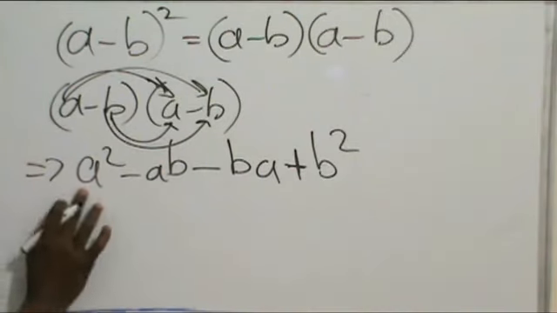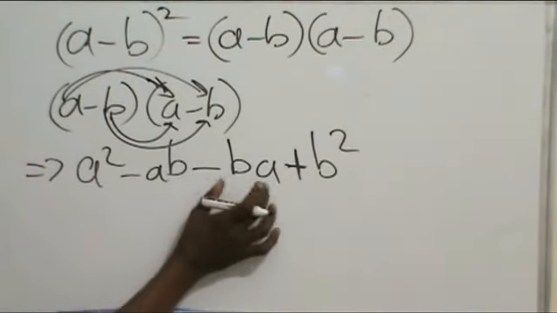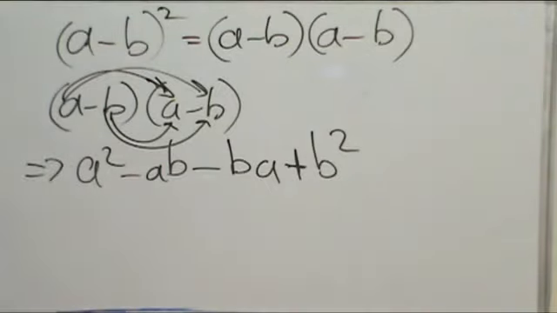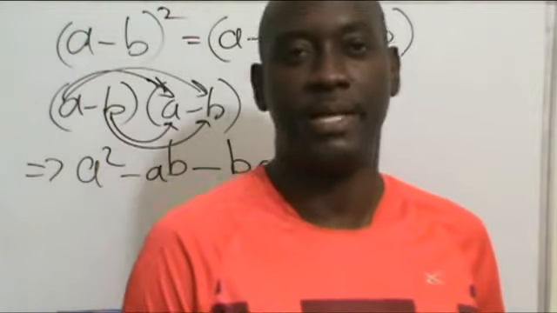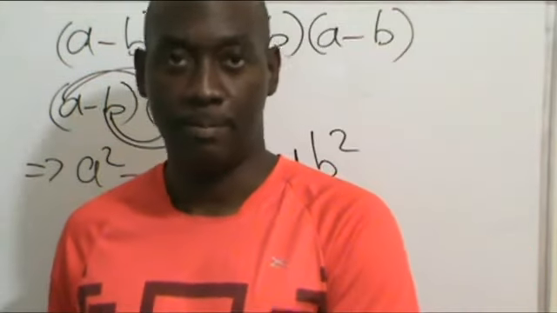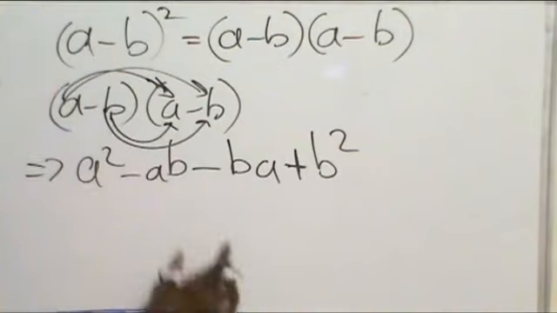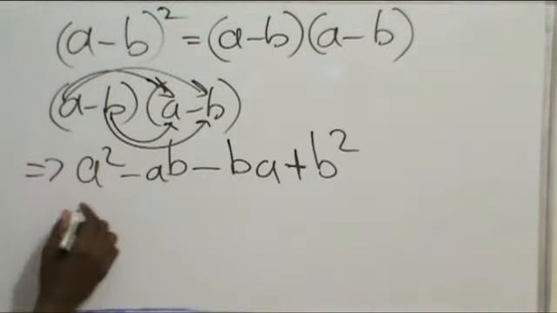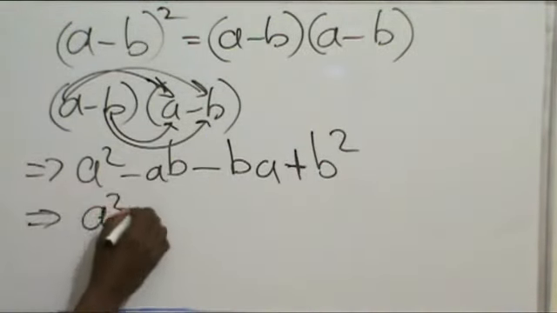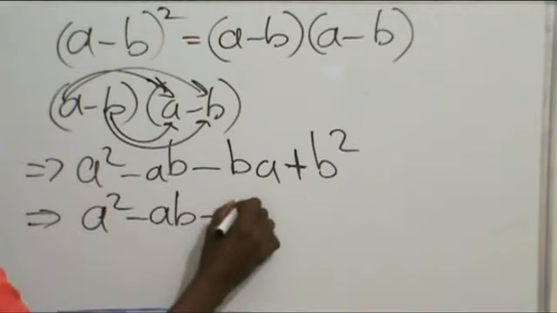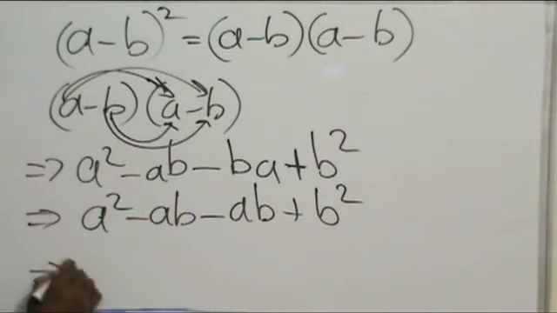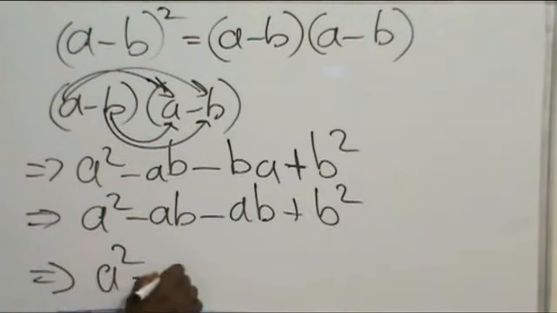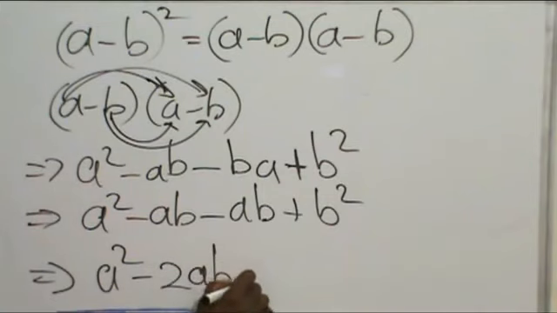So that's a squared minus ab minus ba. Now we had established in the last one that a multiplied by b is the same thing as b multiplied by a. So if ab and ba are the same, we can write this over as a squared minus ab minus ab plus b squared, which is the same thing as a squared minus 2ab plus b squared.